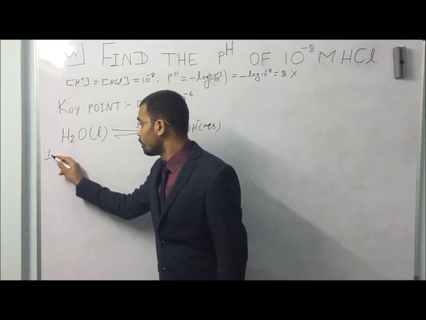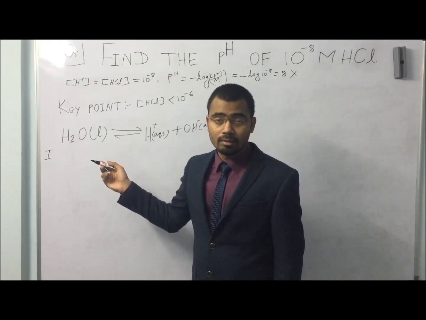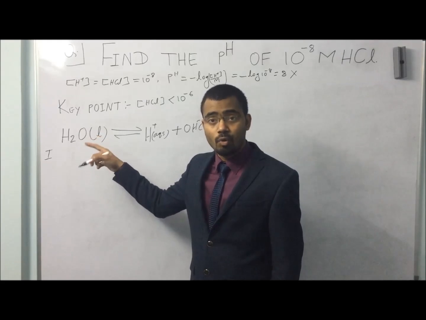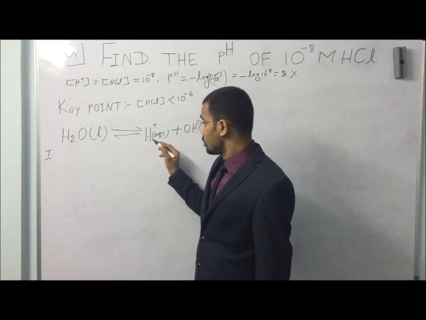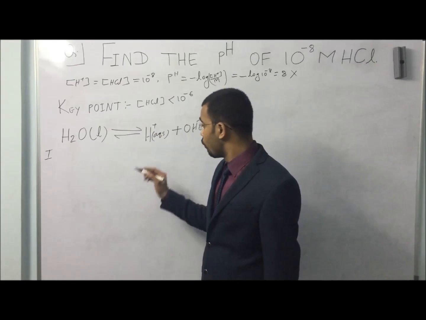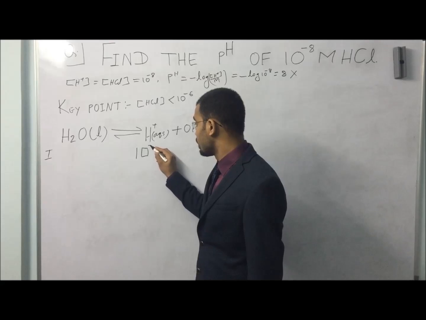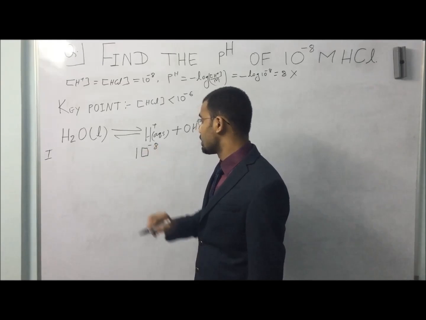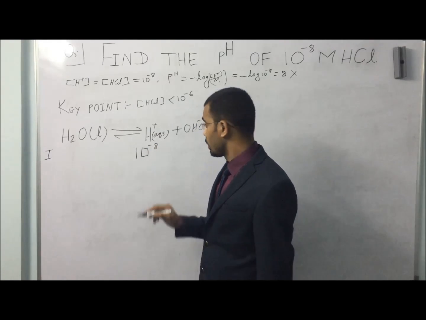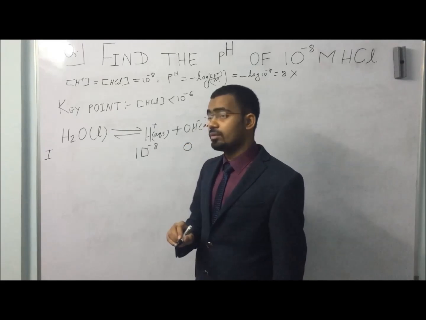Initially, since water is a pure liquid, the concentration of water is not going to change. The concentration of H plus will be only from the stronger acid, which is equal to 10 raised to minus 8, and the concentration of OH minus will be 0.